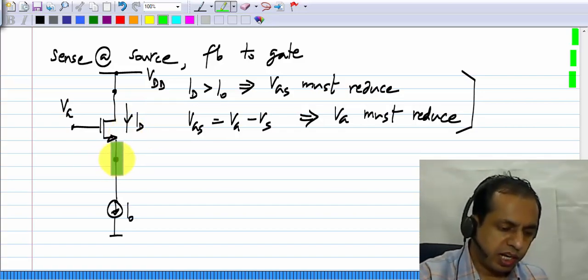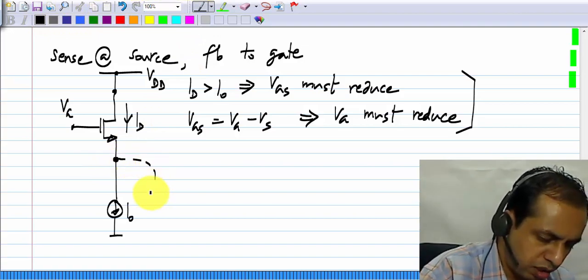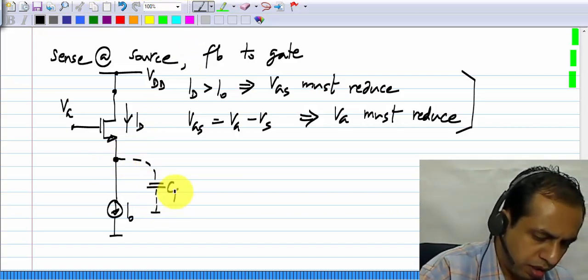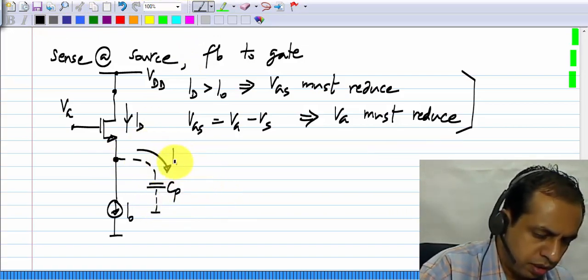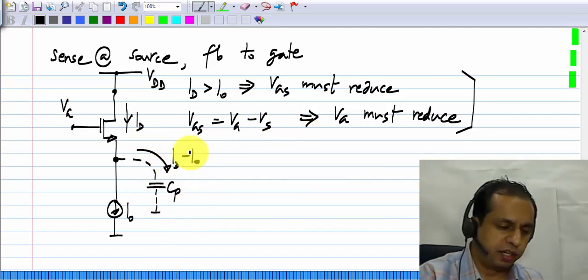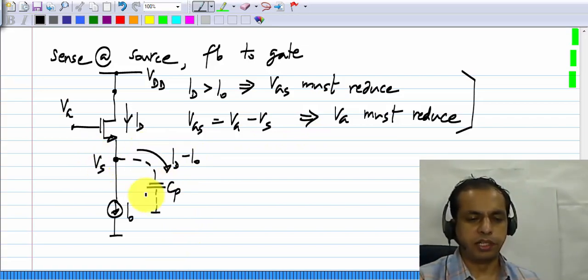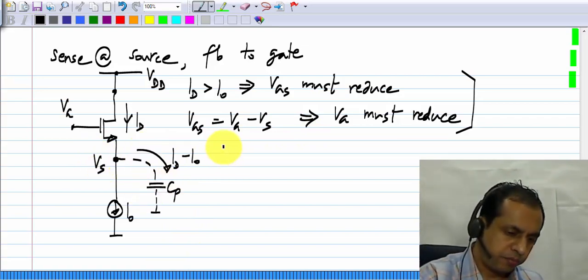Now, let us see what actually happens at the source terminal. ID minus I0 flows into the capacitor, and if ID is higher than I0, what happens is that the source voltage Vs actually increases.